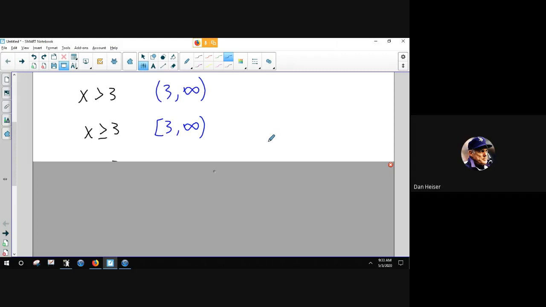And if this looks weird, well, it just looks weird. With intervals, we can have different symbols on each end. It just simply means we can equal this number, but we can never equal this. So when we have mixed symbols here, it means one side of that interval could be that value, the other side cannot. It can approach it, but it will never get there.